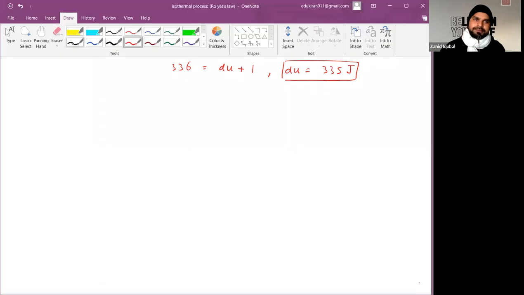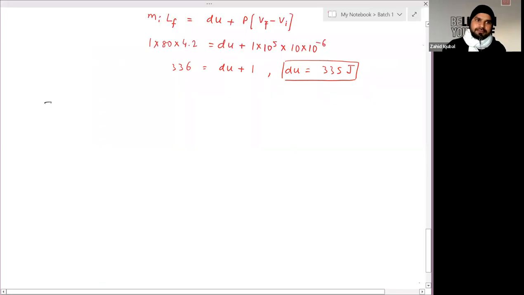So next is adiabatic process. There is no special name related to this part.